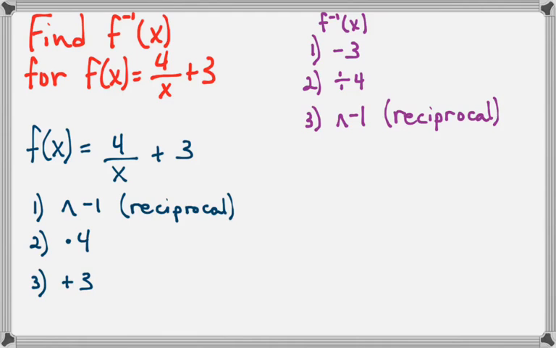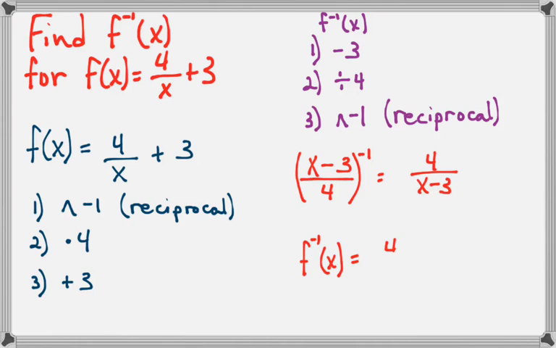Well, you do another reciprocal. If you flip it back over, you'll undo the flip. So I put that as my third step, reciprocal. So here's my x. Now the first step is to subtract 3, and the second step is to divide by 4, and the third step is to do a reciprocal, or a negative 1 power. And if I simplify that by flipping it over, okay, that is my inverse function.